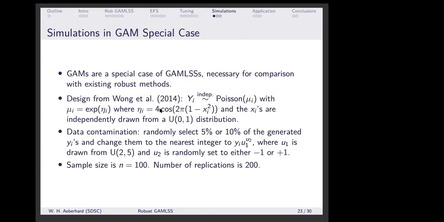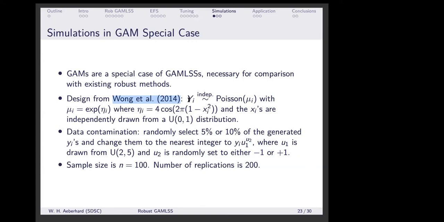I can now move on to simulations to illustrate a bit all the stuff I've been discussing so far. Here I'm presenting simulations in the GAM special case. The reason is that I want to compare our method to others that have already been proposed, the 3 papers I mentioned earlier. I'm taking the design from the most recent of those 3 papers, from Raymond Wong in 2014.